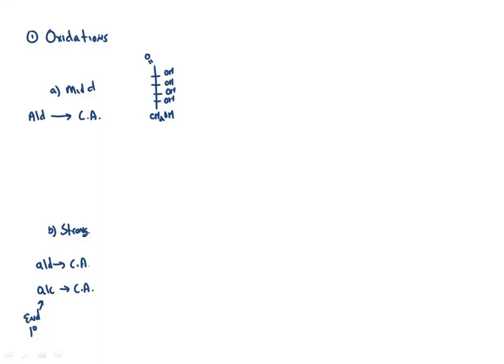That's it. Now I'm going to draw 2 reactions. We're going to do this as a mild oxidation, and with the same molecule, we'll just do it as a strong oxidation. So in the first case, like I said, only the top functional group is changed. And so that goes from an aldehyde to a carboxylic acid.